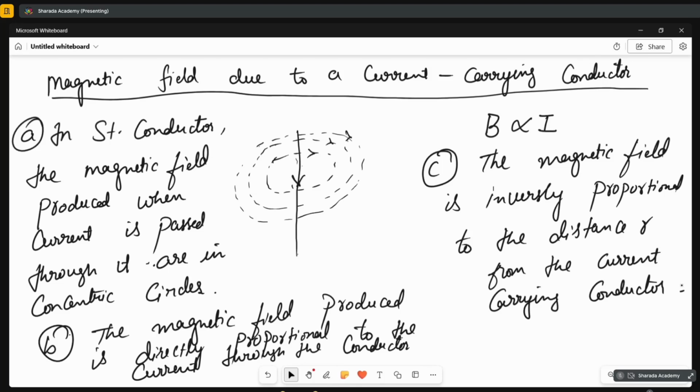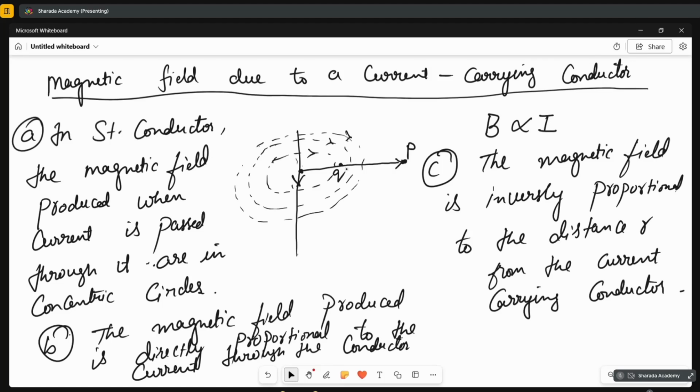The magnetic field is inversely proportional to the distance r from the current carrying conductor. That means if you take any distance r from the conductor, if that distance is more, if I take one point P here, the magnetic field will be less at this point than if I take this point Q. From the center of the conductor, it is inversely proportional to the distance.